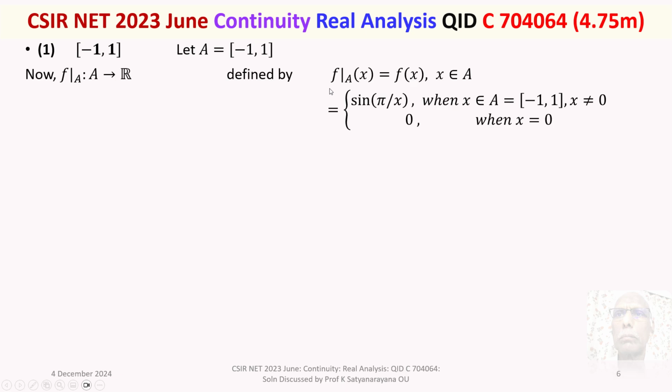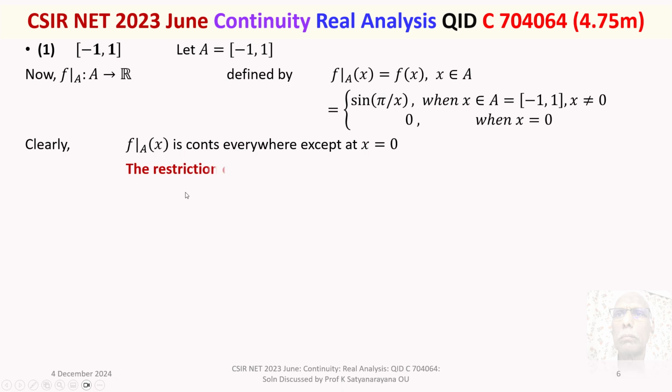Therefore, f restricted to A is continuous everywhere on the closed interval -1 to +1 except at x equal to 0. It's very clear. So, the restriction of f to capital A, that is closed interval -1 to +1, is not a continuous function.